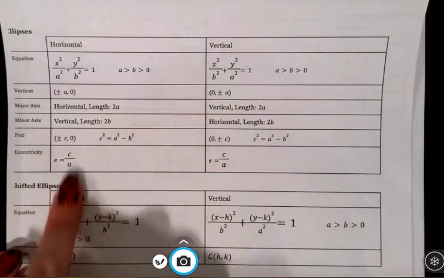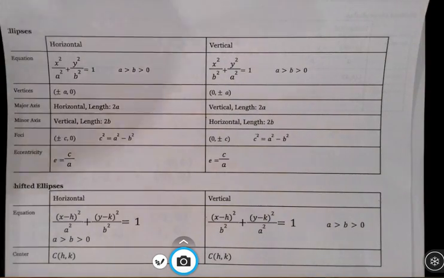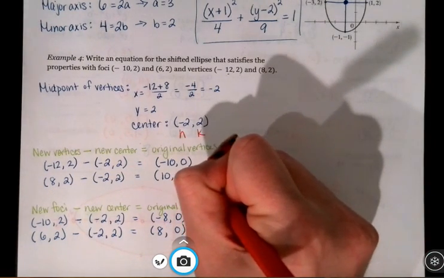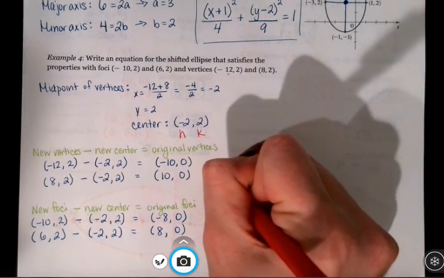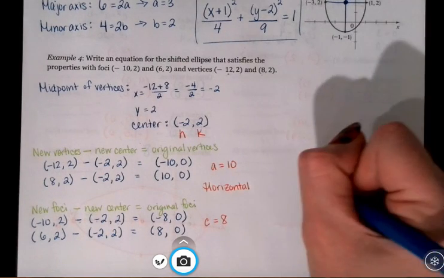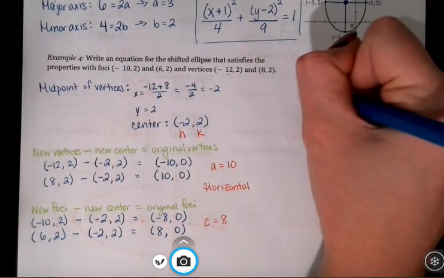So I'm looking at this whole side. So I also know that it is horizontal. So the template that I need, we're not done because I still need to figure out another piece of information. I'm going to go up here.